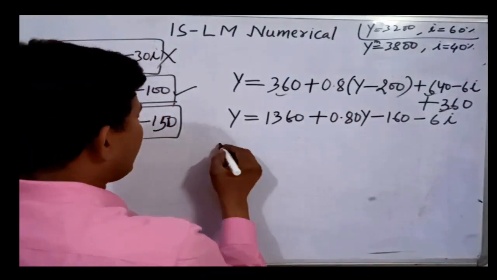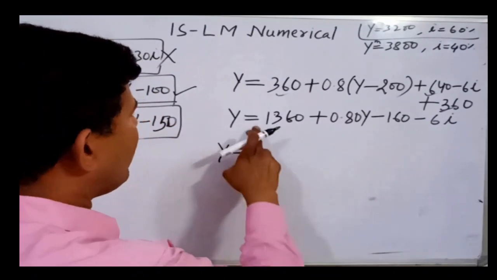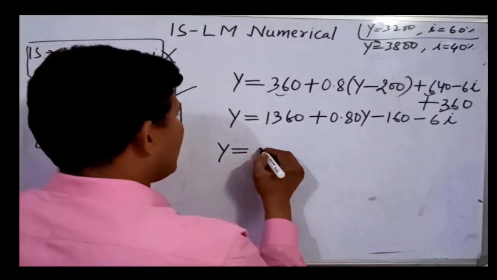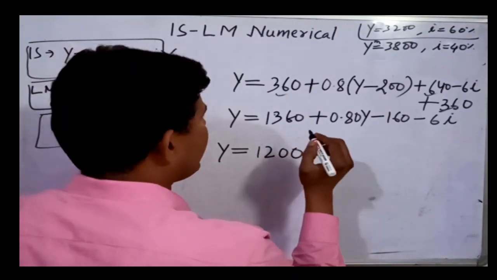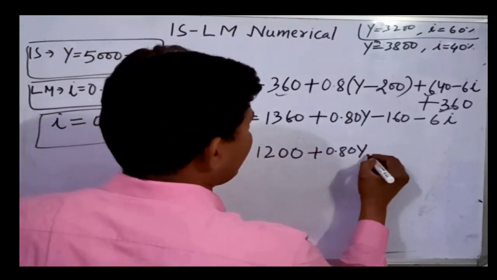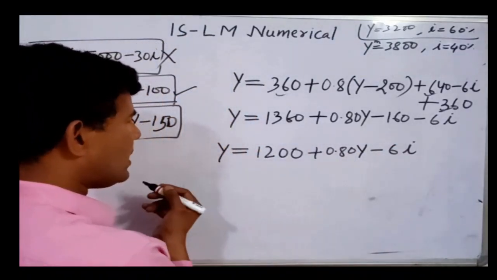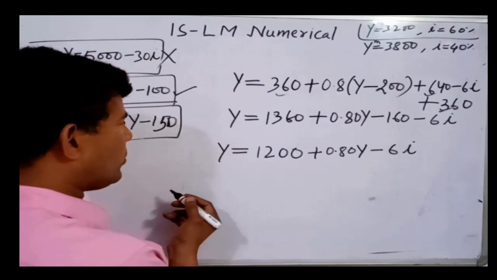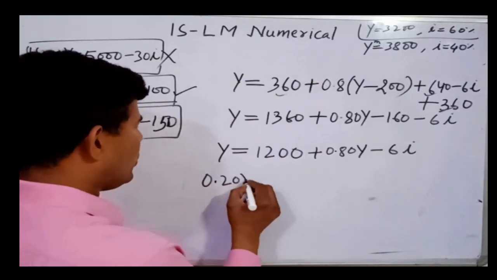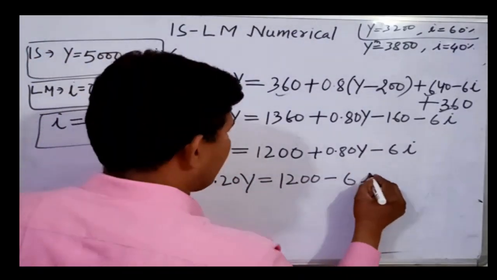So now we can write Y is equal to, now 160 will be deducted from 1360, so you get 1200 plus 0.80Y minus 6i, okay? You take 0.80Y to the left hand side. What do we get? We get 0.20Y is equal to 1200 minus 6i.